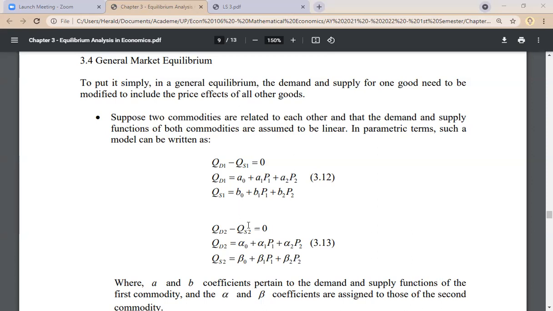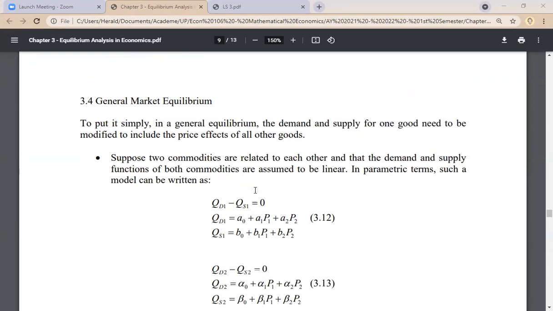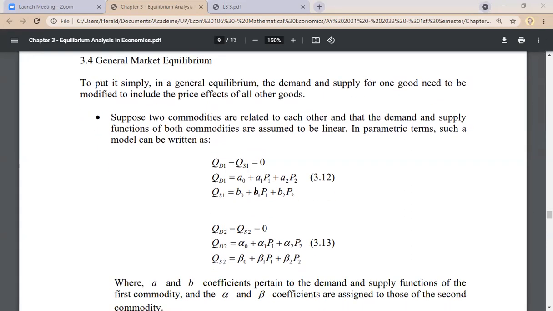But in this case, by using two linear models, we can still look at whether they're complements or substitutes. In our general parameters, we have two commodities that might be related to one another, because in some cases, they might not be related at all. So in parametric terms, the model can be written this way.